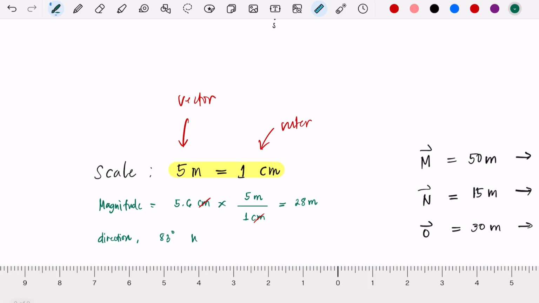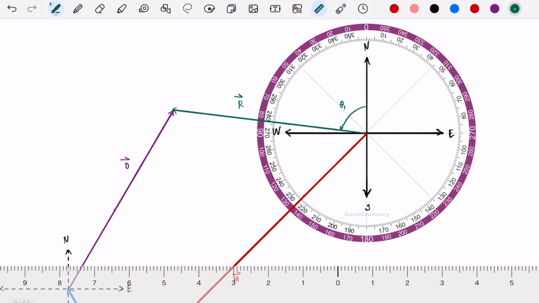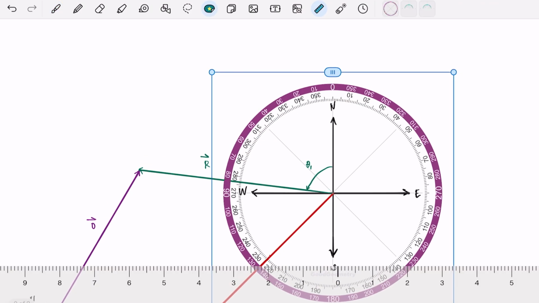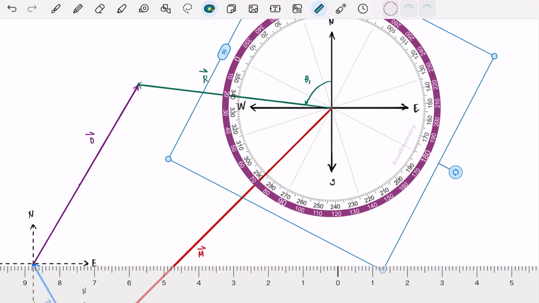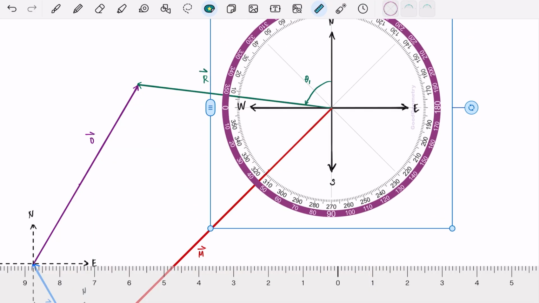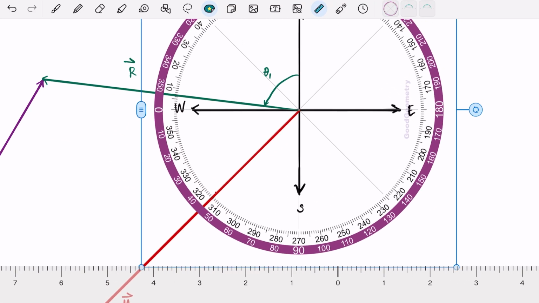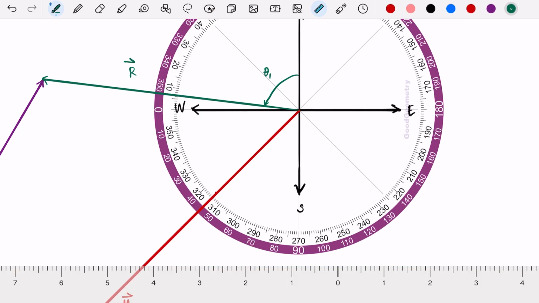West of north. But there's another angle, which is this angle over here, which from your math is just the complement. This small angle here, if the other one is theta 1, is theta 2.